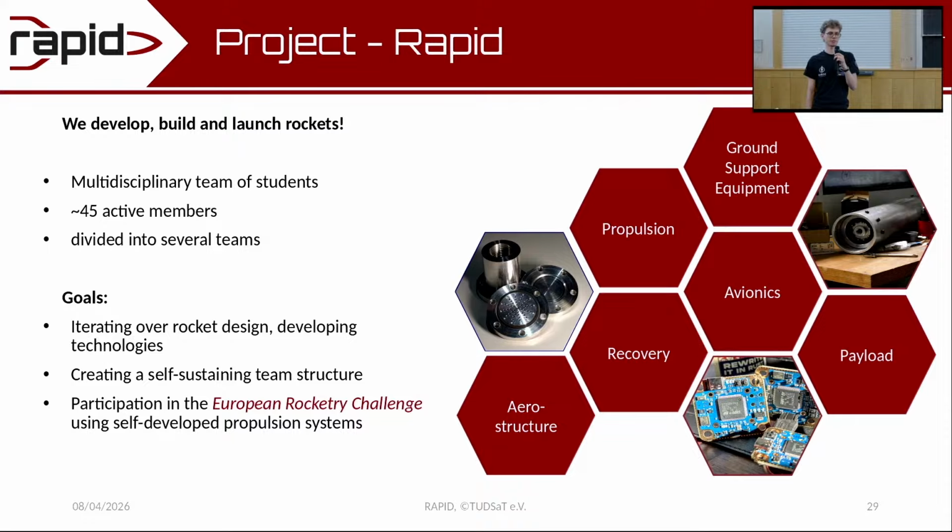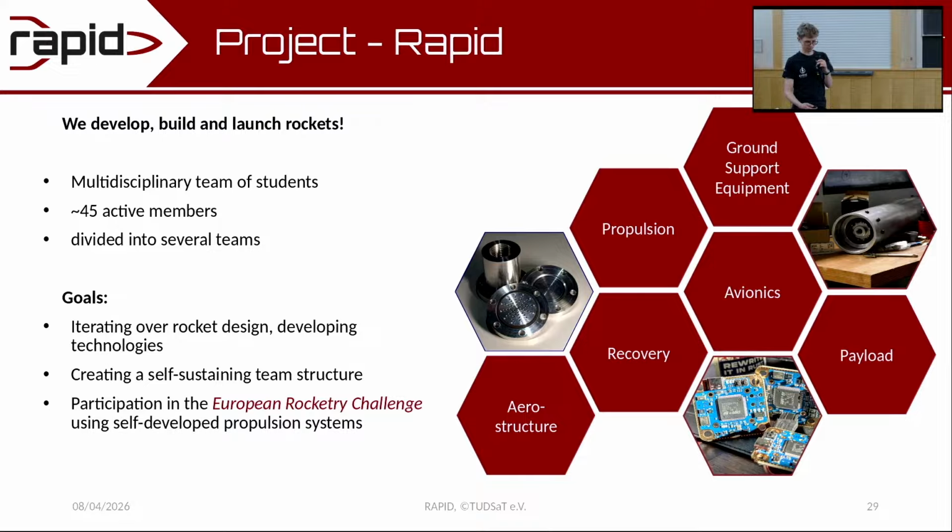We've talked quite a bit about Rapid itself while talking about the rocket, but here's a quick overview of what sections the team is comprised of. So we are part of the avionics section, so building the PCBs, designing the PCBs, writing the code, basically doing everything intelligent in the rocket.